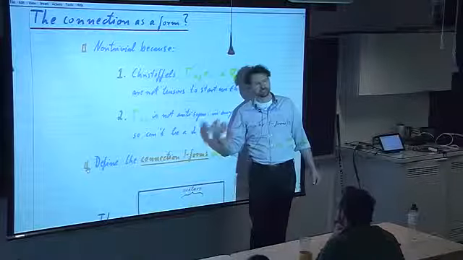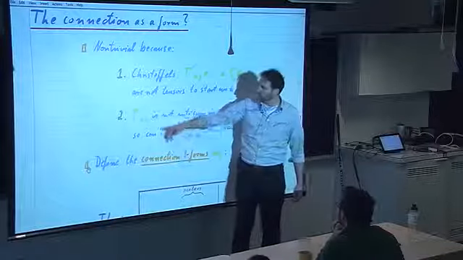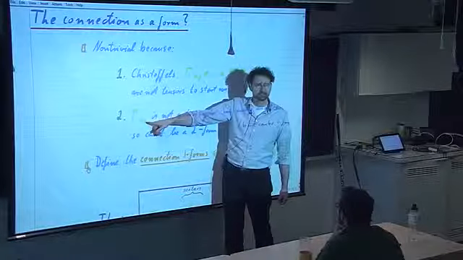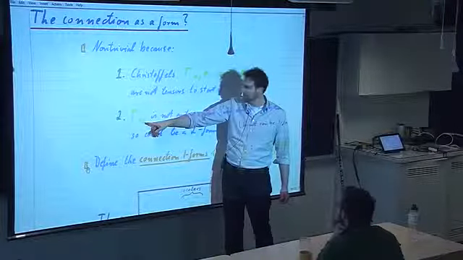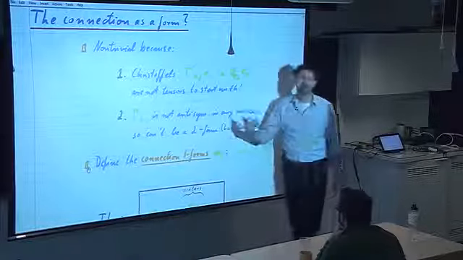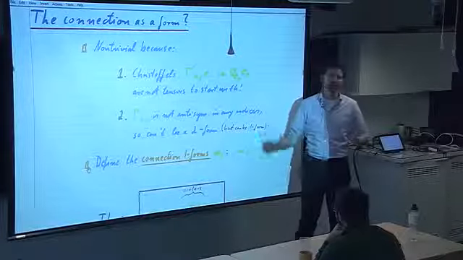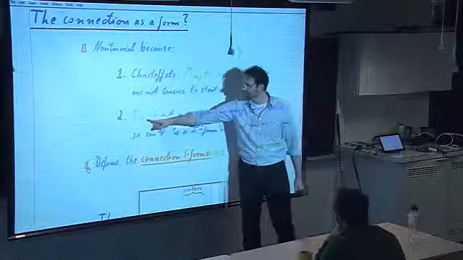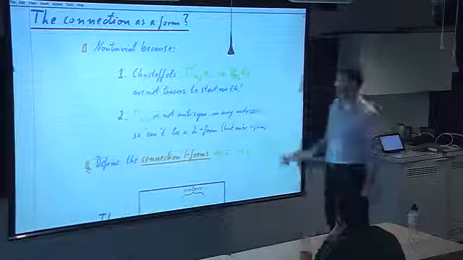A 1 form as a tensor simply has a lower index. So what we can do is we can simply grab one index there and say, well, that's a 1 form. We view it as a 1 form. And then the remainder is not going to be a tensor. So it's not going to be a tensor-valued 1 form. It's going to be a something-valued 1 form. We will later find out where it takes its values in. But nothing prevents us from saying it's a something-valued 1 form, because this is a lower index. Okay?